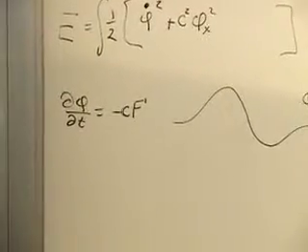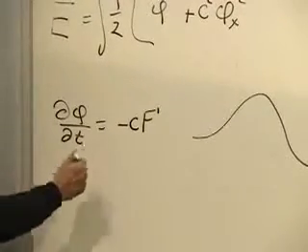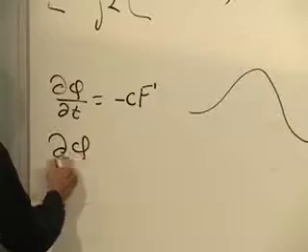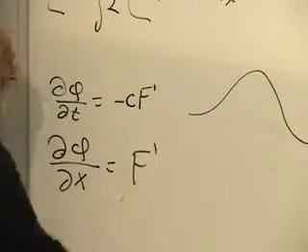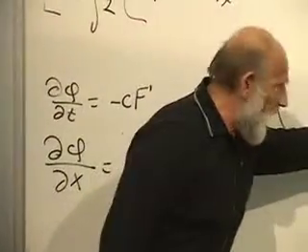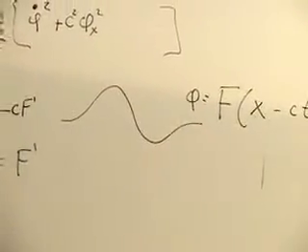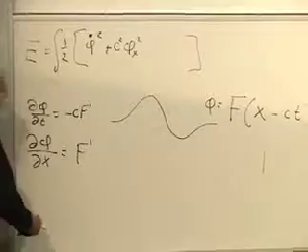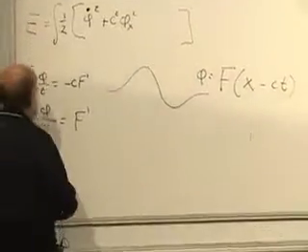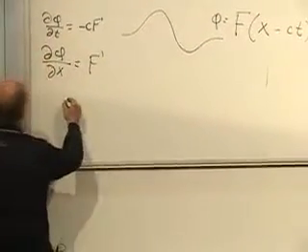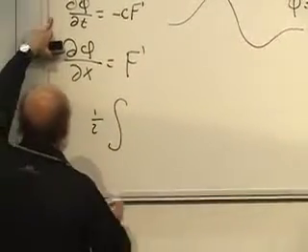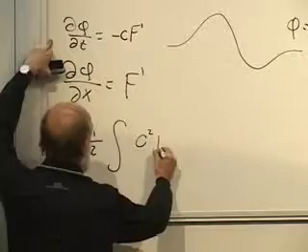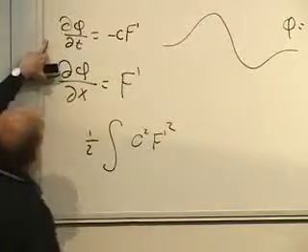That's the derivative of phi with respect to t. And the derivative of phi with respect to x, that's just f prime. Differentiation with respect to x just gives f prime. Okay, so what is the energy then? The energy is 1/2 the integral of phi dot squared, that's c squared f prime squared.